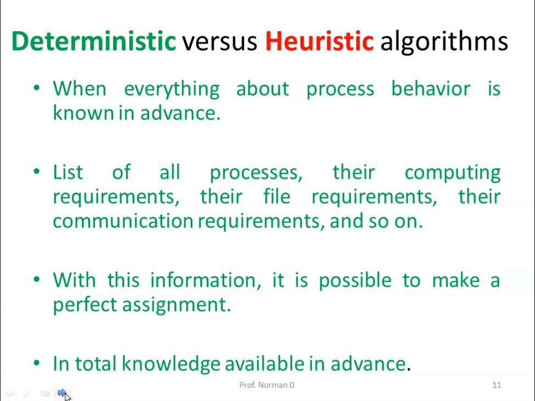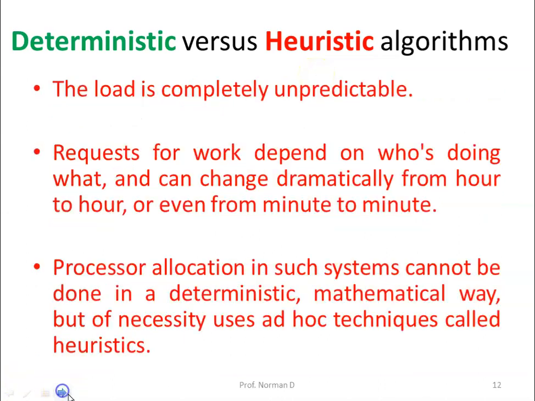So basically in the deterministic, you have the total knowledge in advance. So that is about the deterministic algorithms. Whereas about your heuristic algorithms, in the heuristic system, the load is completely unpredictable.